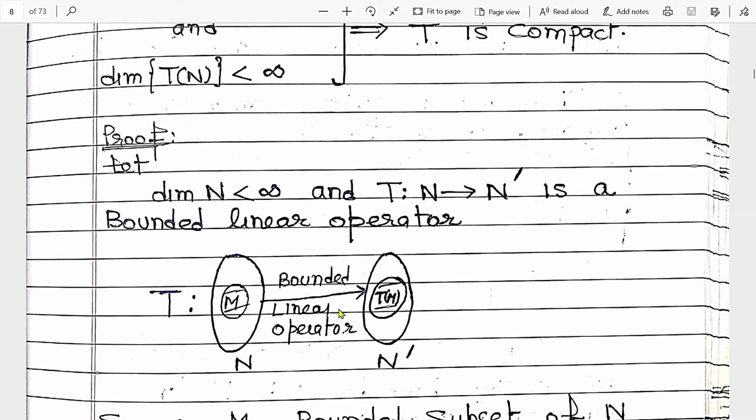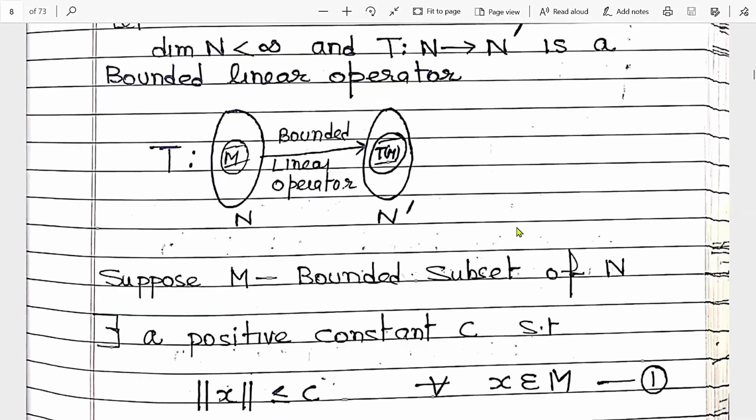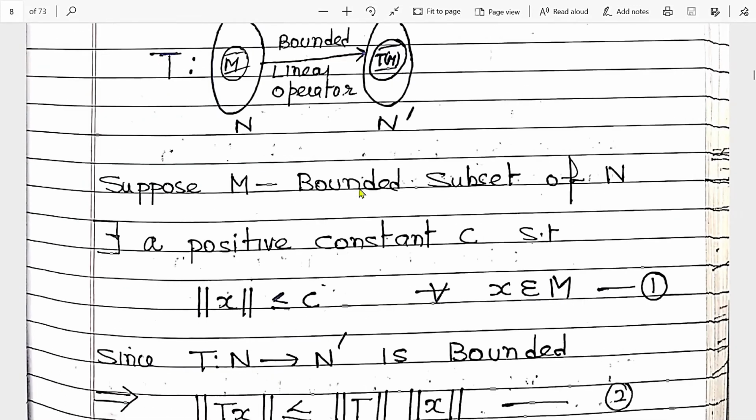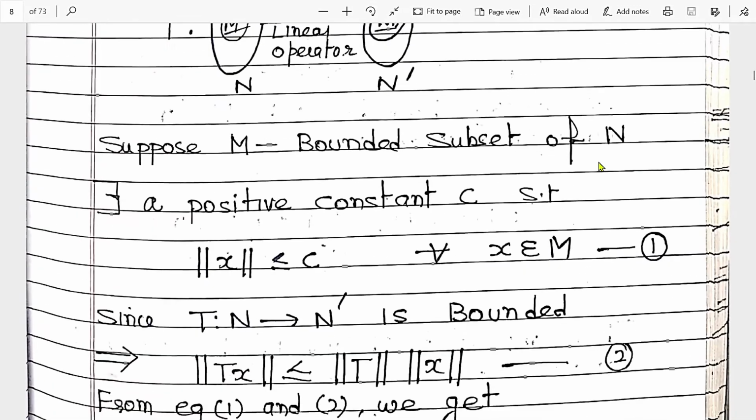We want to prove that T is a compact linear operator. So we will take some bounded set in N and prove that its image is relatively compact. In order to prove that, suppose M is a bounded subset of N.